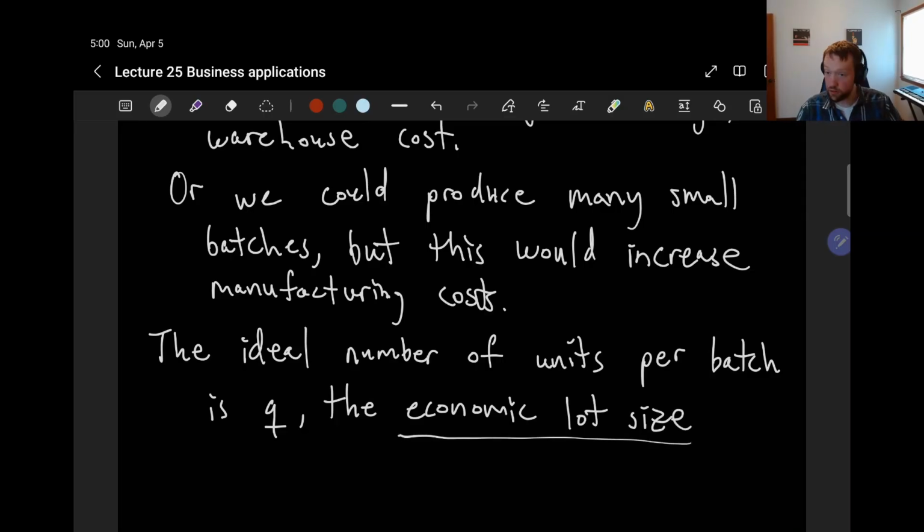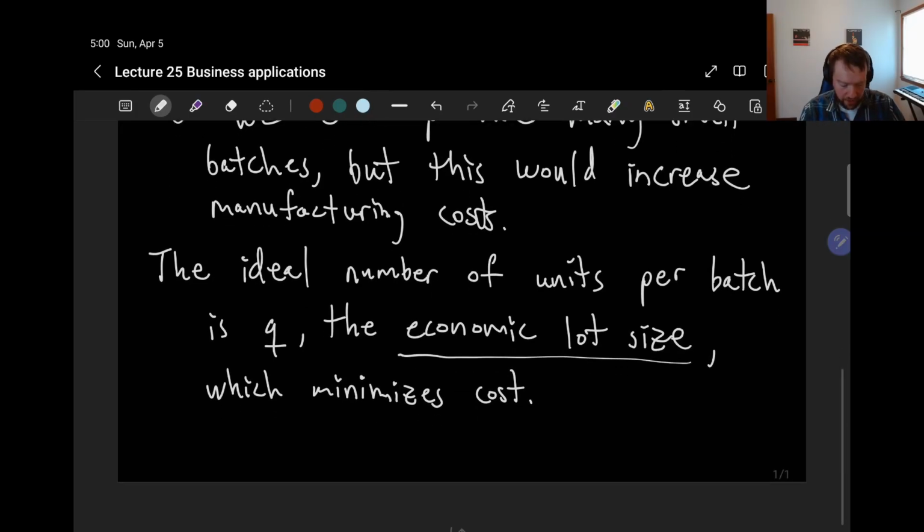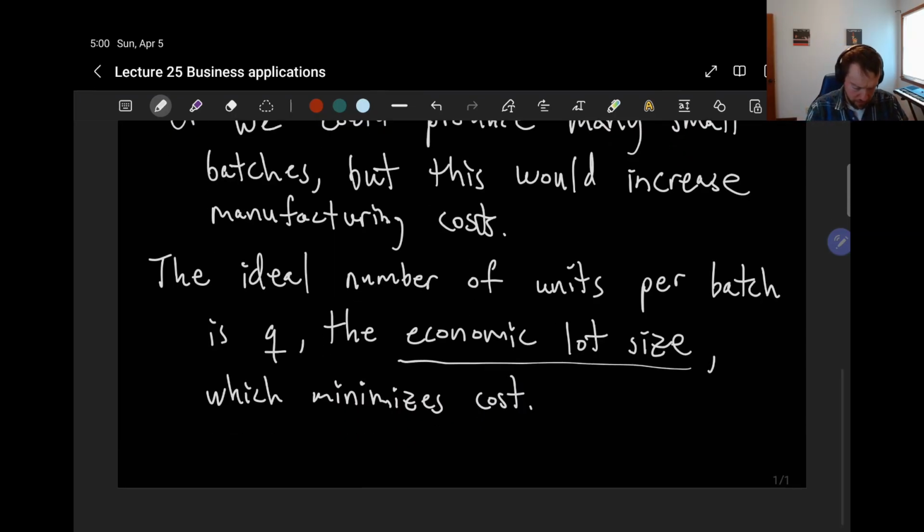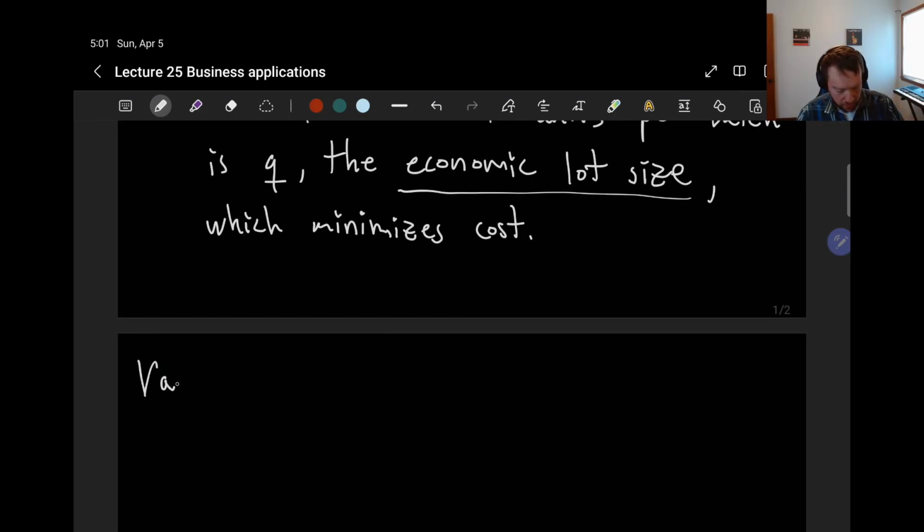So the ideal number of units per batch is Q, the economic lot size, which minimizes cost. That's the goal. It's not obvious how we balance those manufacturing costs with the storage costs. We're going to need to take a look at all our variables at play here.